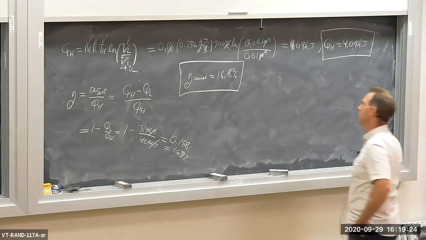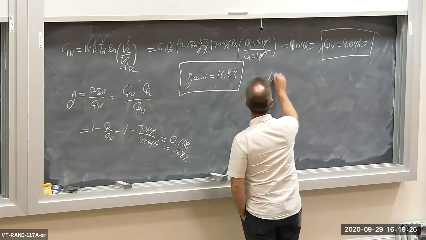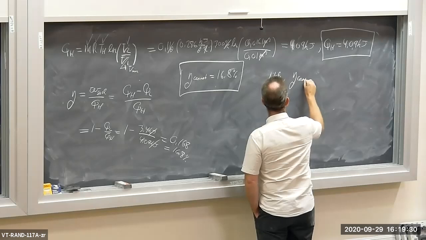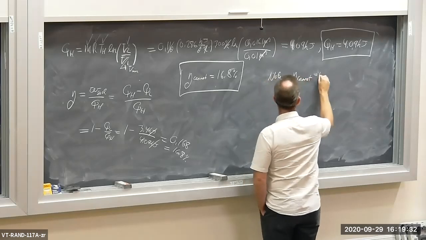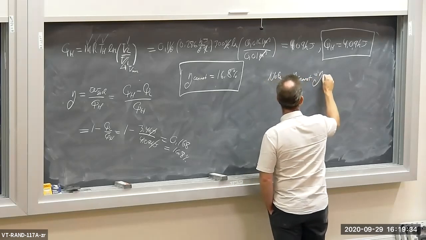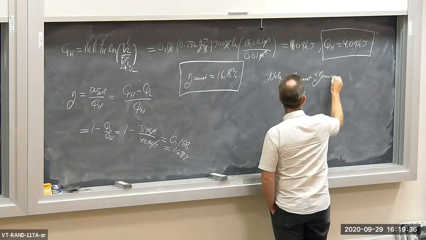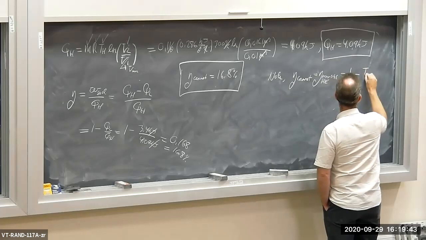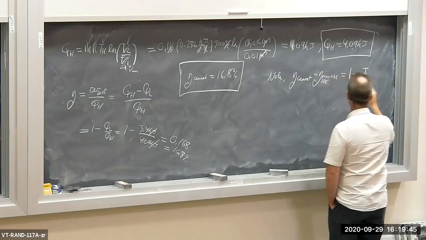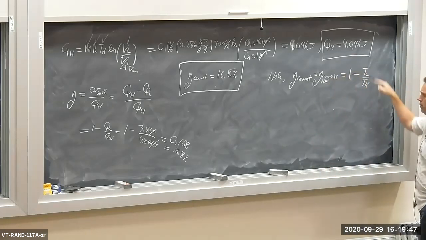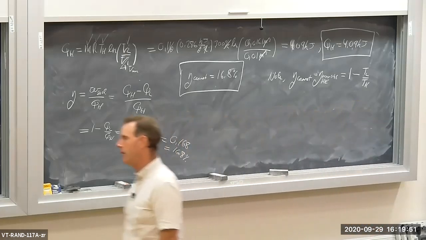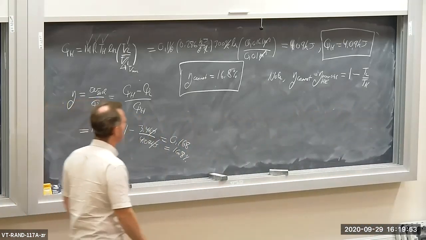So note, the efficiency of a Carnot cycle is equal to the efficiency of a reversible heat engine, which is equal to 1 minus TL over TH. Remember where we got this from? 1 minus QL over QH for a reversible process is equal to the ratio of the reservoir temperatures.